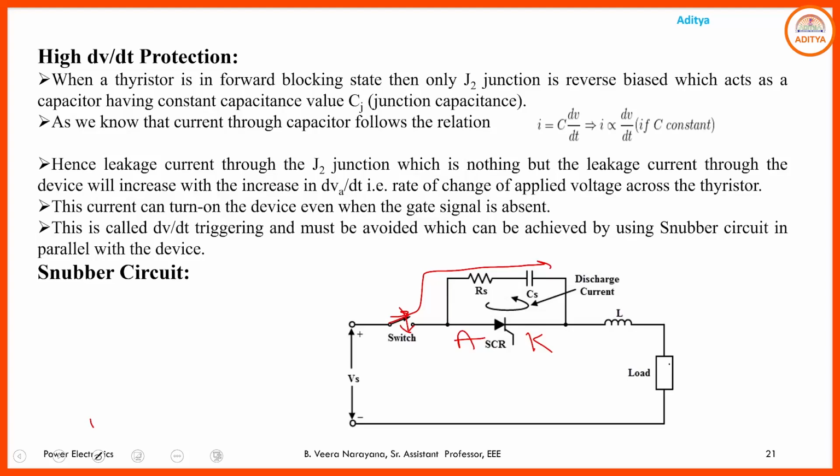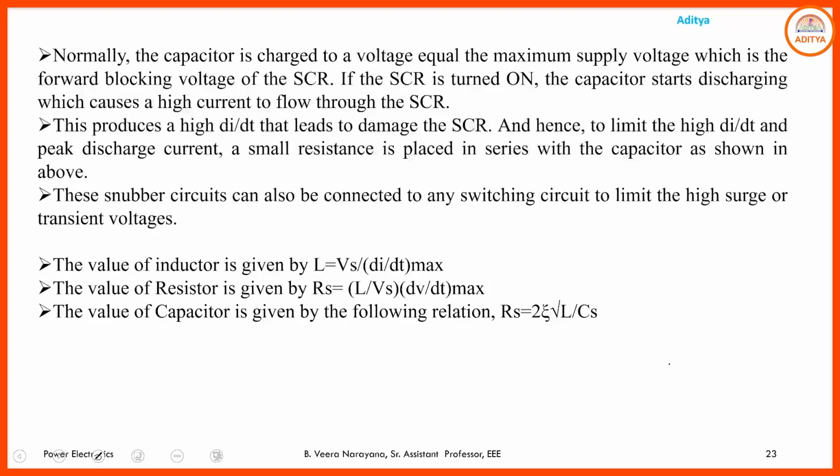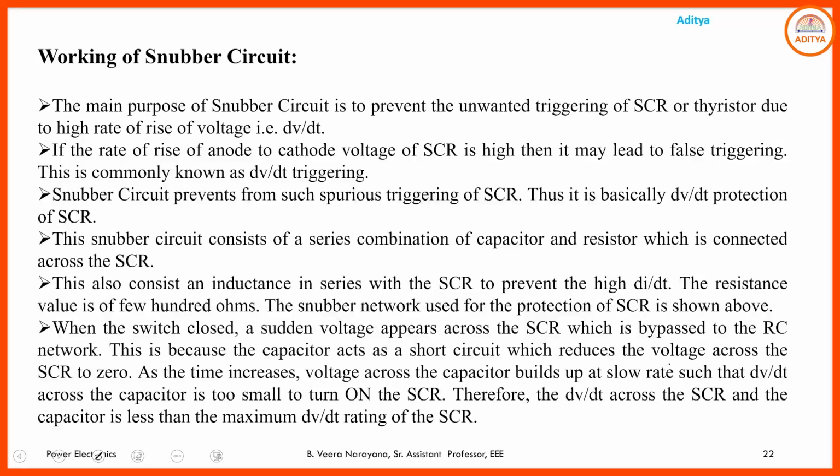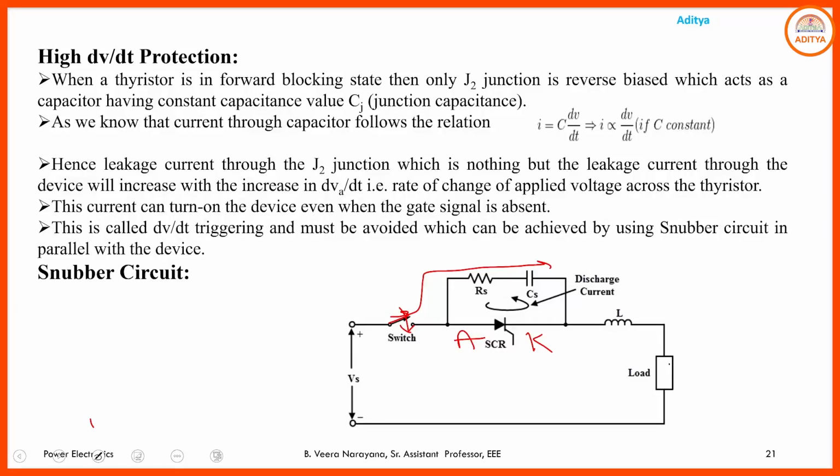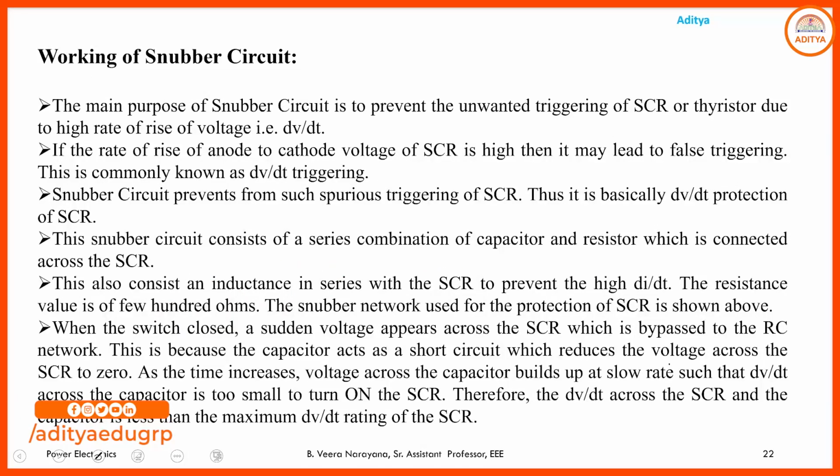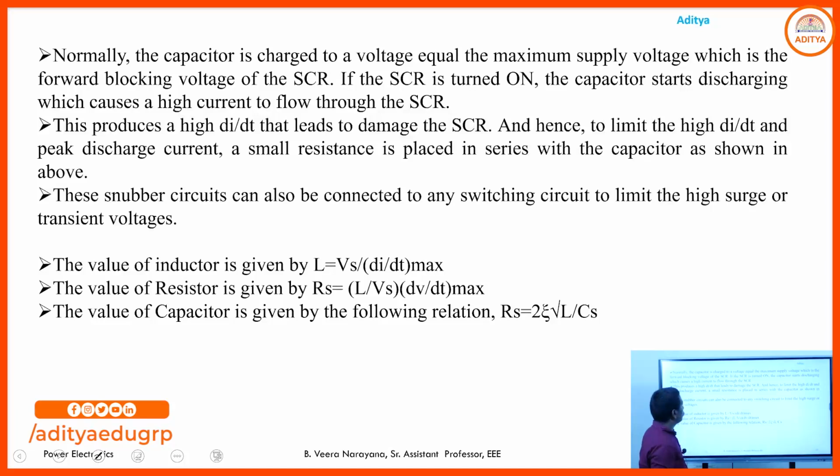When the switch is closed, the voltage equation is given by Vs is equal to I into R plus L into di by dt. For reliable operation of the SCR, the values of the inductor, the resistance and the capacitance are as follows.